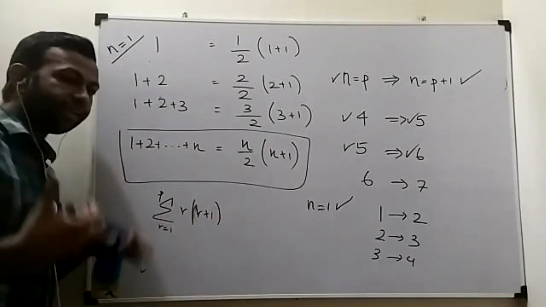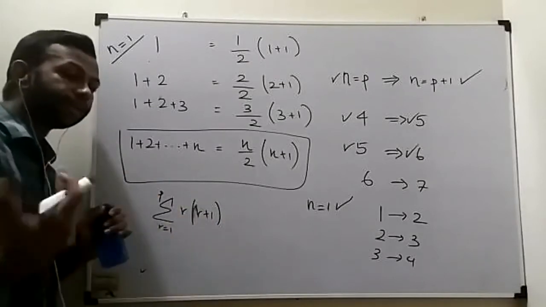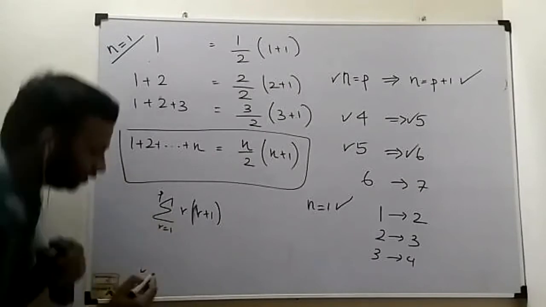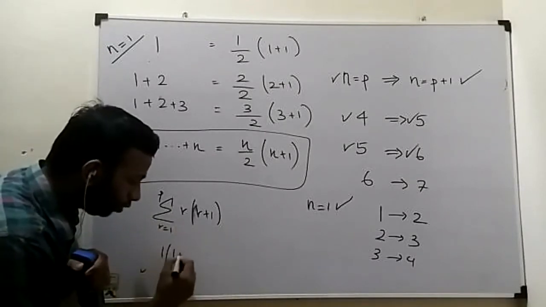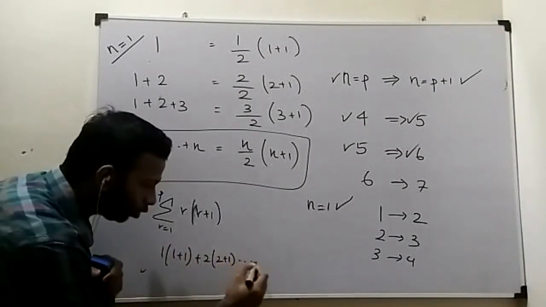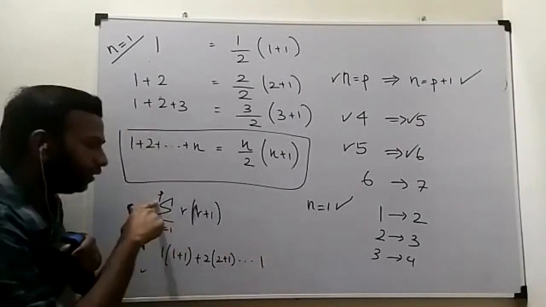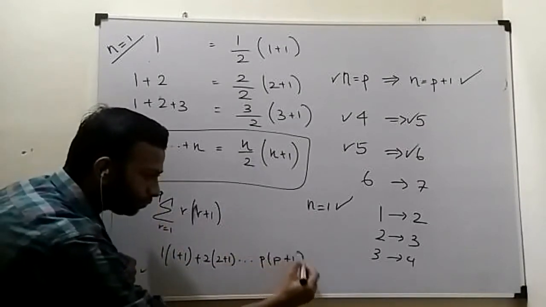Now what we need to do is go to the p plus 1 case. Now what is the p plus 1 case? As I wrote before, the meaning of this is 1 into 1 plus 1, plus 2 into 2 plus 1, and so on, until the last one, p into p plus 1.